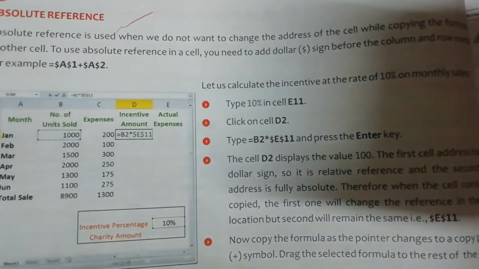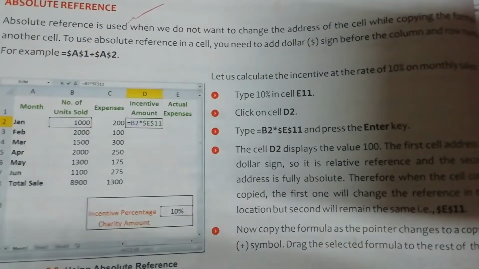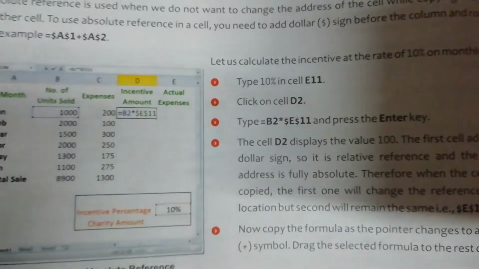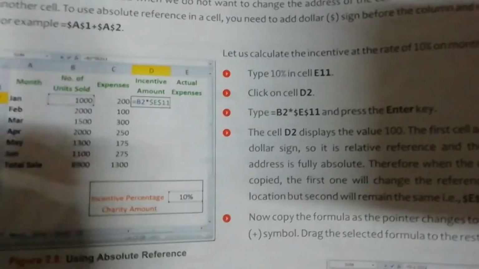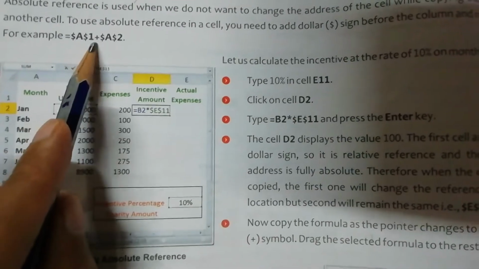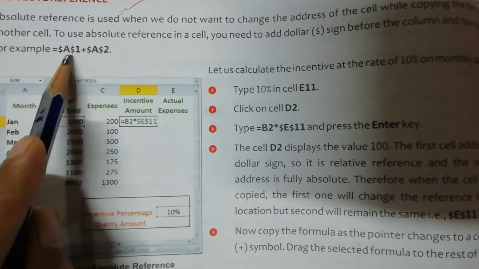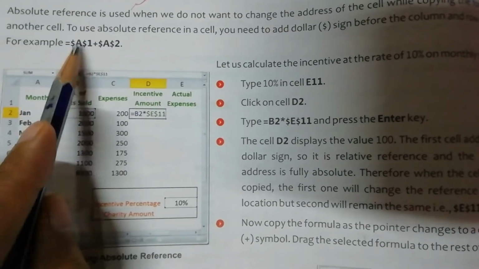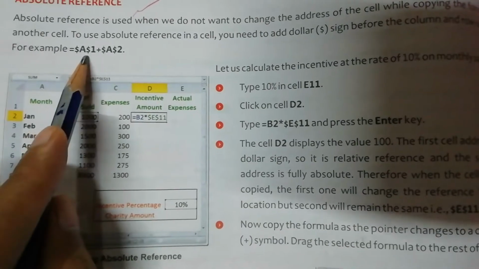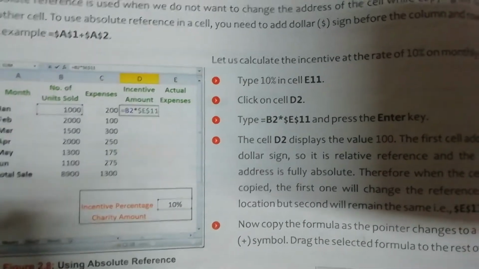You have to put a dollar sign before each column letter and row number. A is a column, before it we have a dollar. 2 is a row number, before it a dollar, so $A$2.